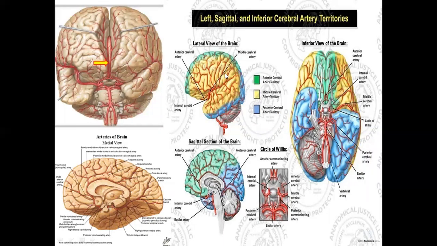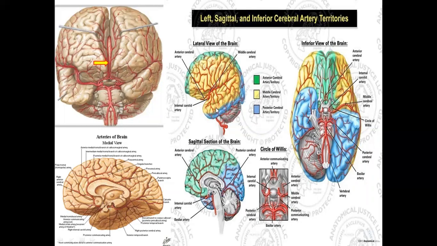And this is the middle cerebral artery, which is another terminal branch, and it runs in the lateral sulcus of the brain, and it supplies most of the superolateral surface of the brain. Only a small area is supplied by the anterior cerebral artery, and a very small area, the posterior occipital lobe and inferolateral surface, is supplied by the posterior cerebral artery.